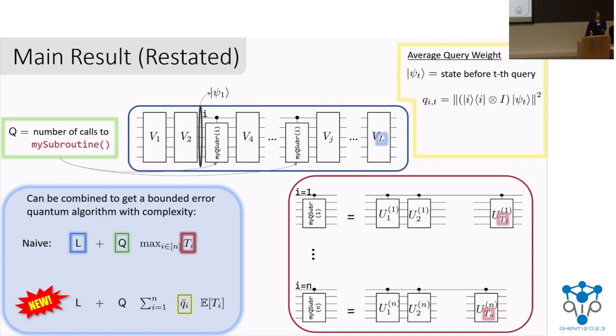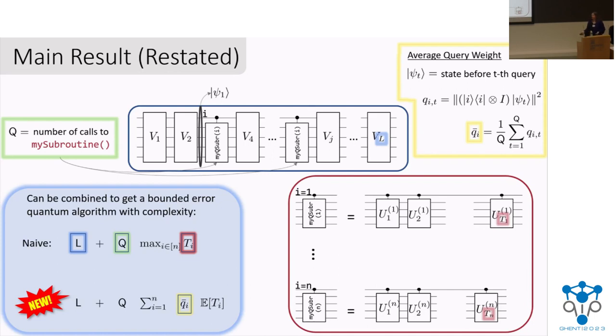So this is like the quantum analog of the probability of querying i in the t-th subroutine call. And then Q_i bar is just the average over all Q queries of the query weight on input i. Okay, so this is our main composition theorem.